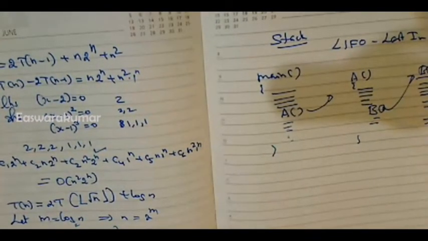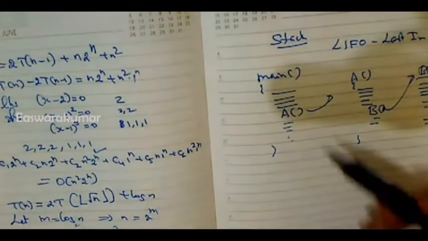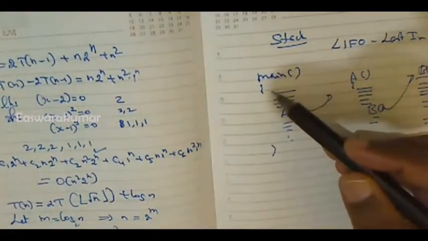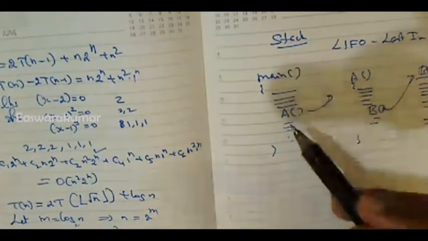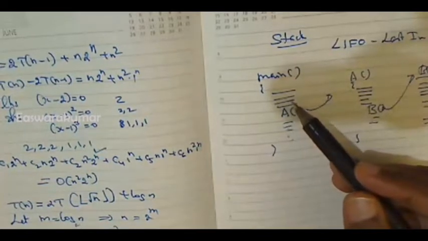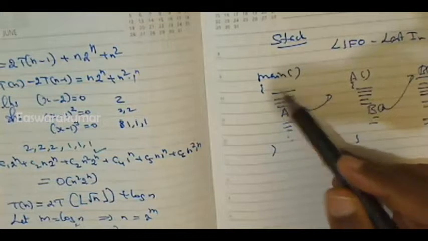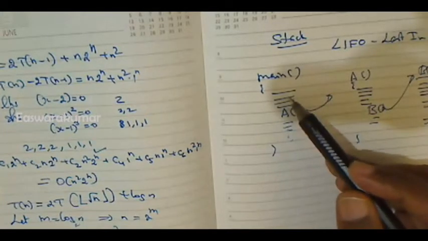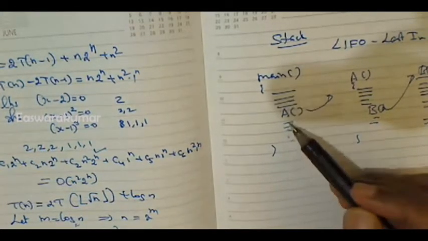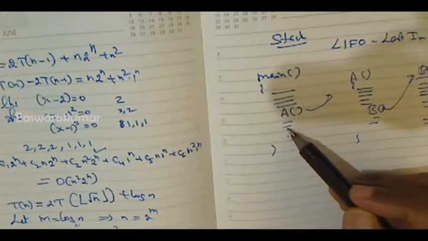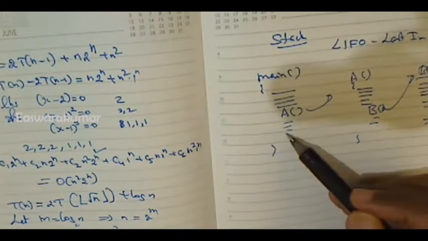Here, the system will maintain an internal stack. Why it is needed: if you execute something here, there are variable declarations, assignments and initializations. Every variable you have used has some values, and those values are required when you come back here.